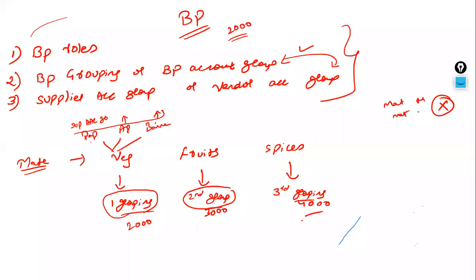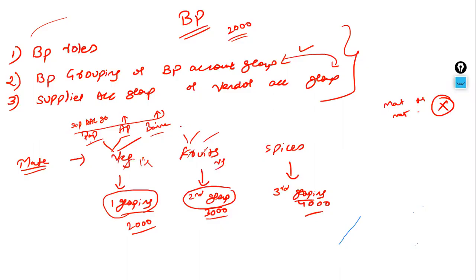Whenever you create a vendor for the 2000 grouping, you will be able to see only this papaya supplier, apple supplier, banana supplier. Whenever you select 3000 as the BP grouping, you will be able to see the other three. Sorry, these are fruits and these are vegetables. I mixed up. Fine. Here you can maintain this as vegetables and this as fruits.